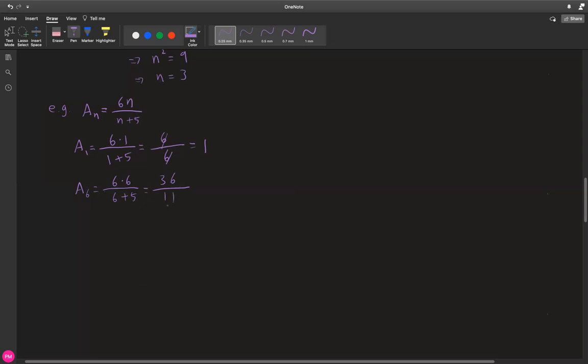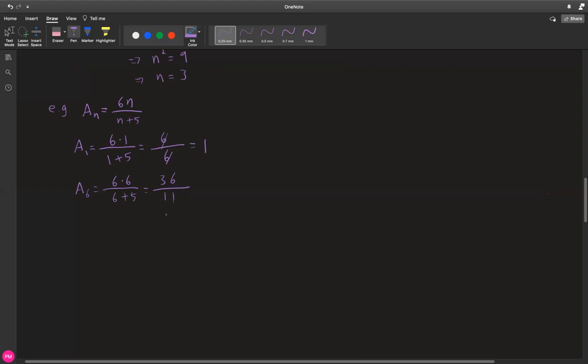So can you simplify more from here? 36 over 11. The answer is no. So in this case, you would just leave it as that. Most of the time, unless the problem asks you to express it in decimal form, a fraction is always more accurate.